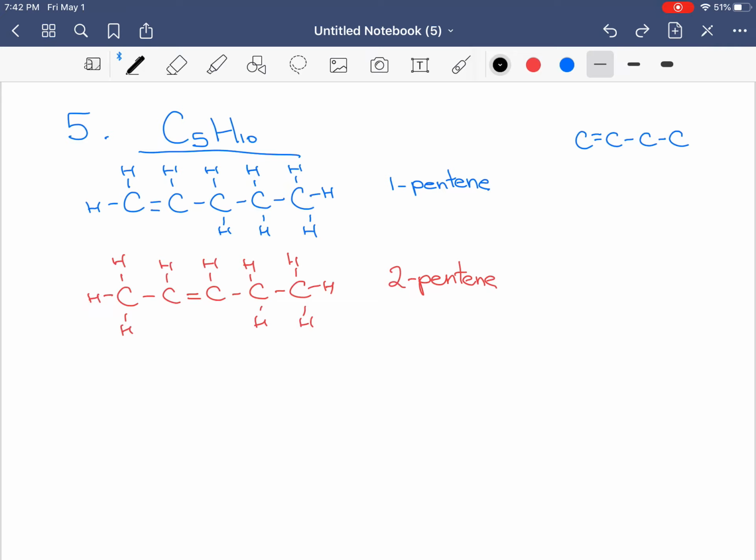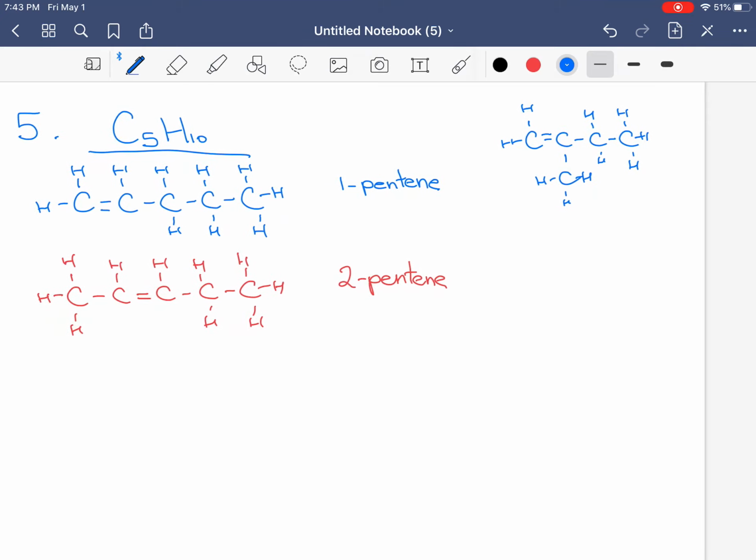Now, this is logical. There you go. Let me draw those hydrogens. This is C5H10.